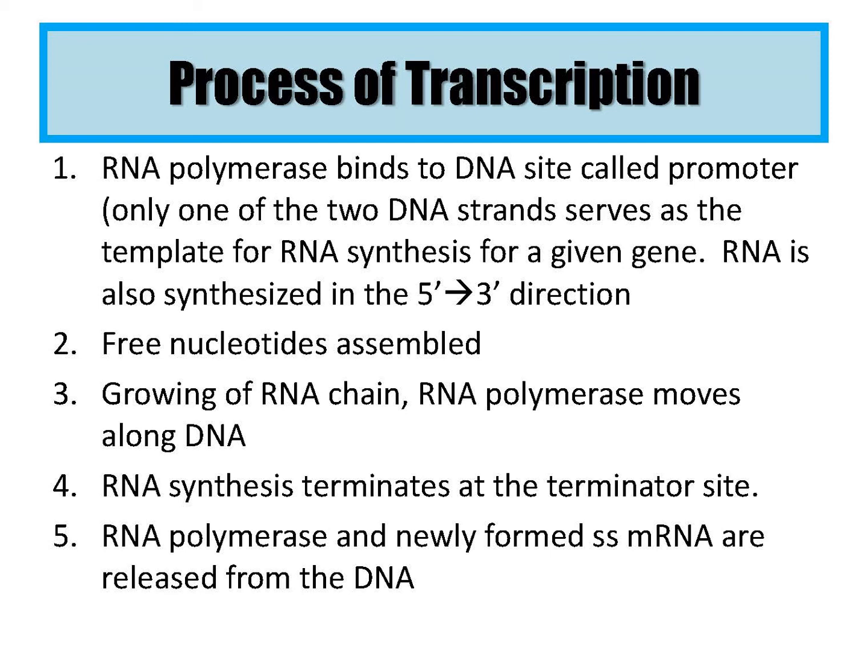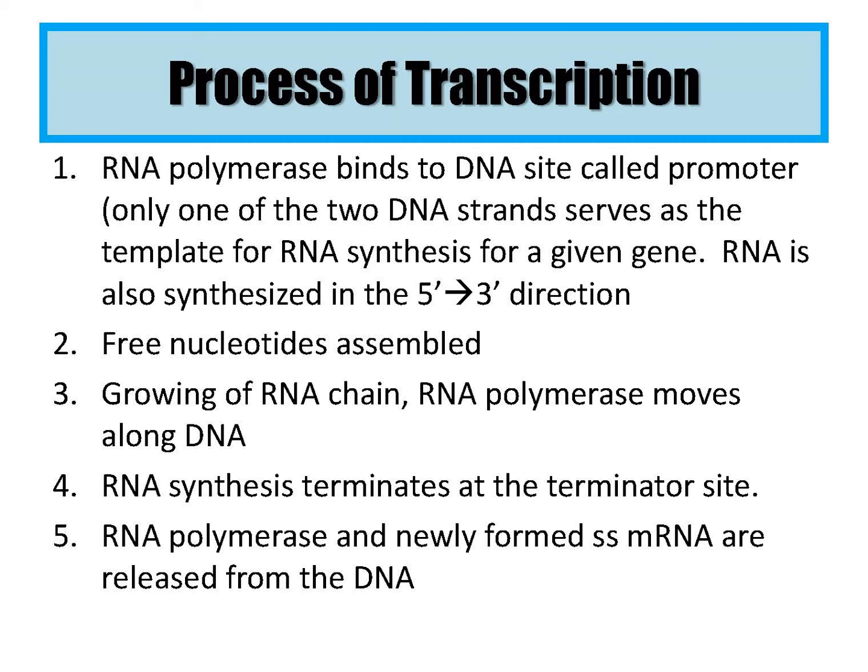First, RNA polymerase will bind to the DNA site called the promoter region. Only one of the two DNA strands will serve as a template for RNA synthesis for a given gene. RNA is also synthesized in the 5' to 3' direction, just as in the replication process.